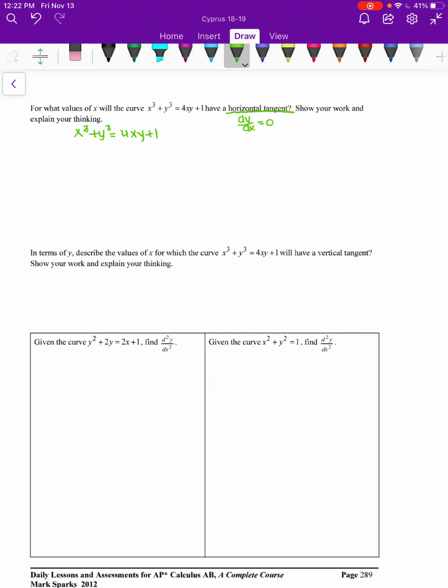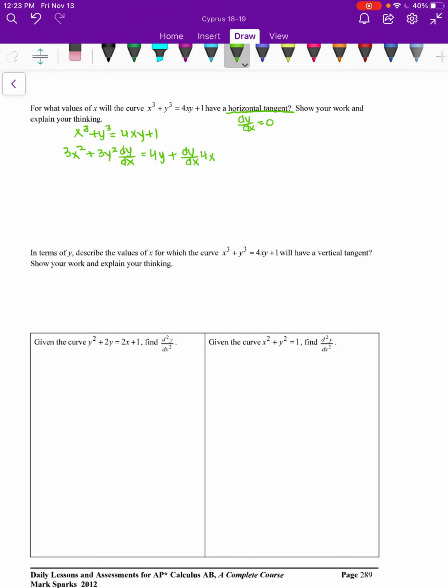The derivative of the left side, we have 3x squared plus 3y squared times dy/dx equals product rule. Now I'll do it the same way I've been doing it: the derivative of the first one is 4 times the second plus the derivative of the second times the first.